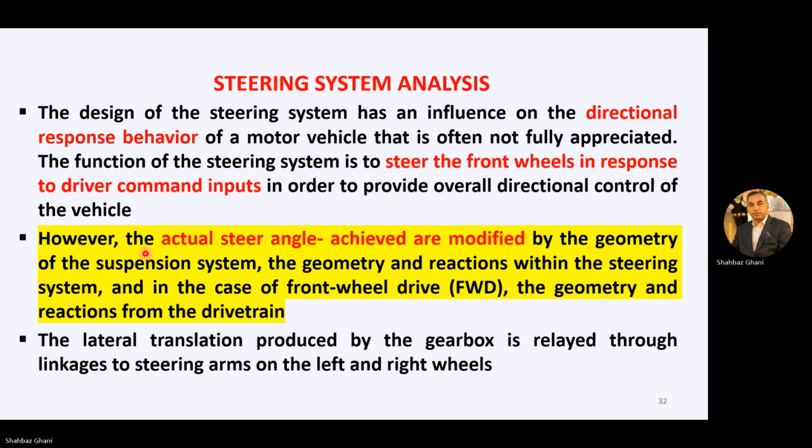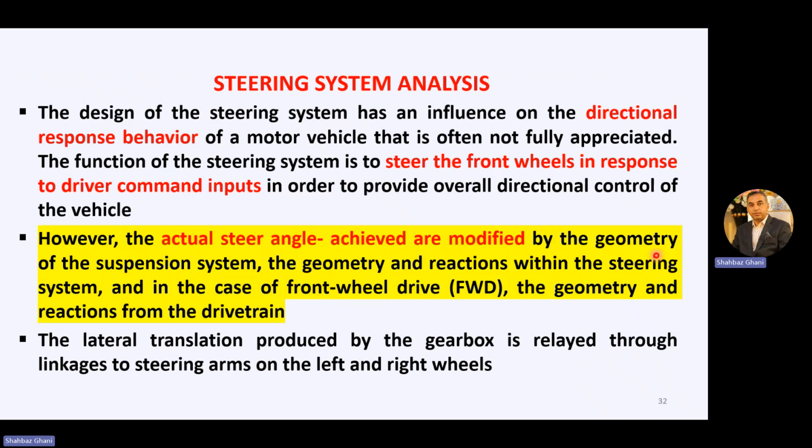However, the actual steering angle achieved is modified by the geometry of the suspension. So these are the factors which affect your actual steering angle which we achieve practically on the ground.